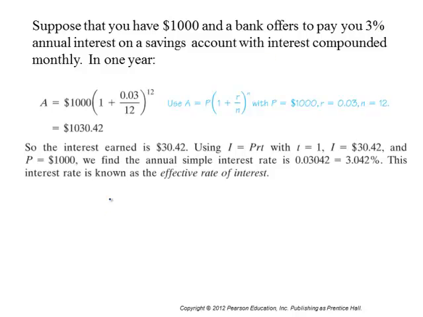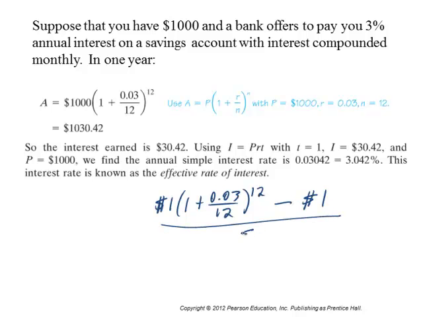So after 1 year, that $1 became this right here. That's the new value of the balance, minus the original $1 that you had invested, divided by the original $1 that you invested. That you're calculating the relative rate of change of that account balance where you invested that dollar.